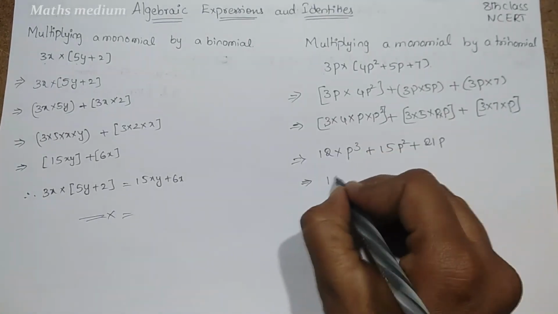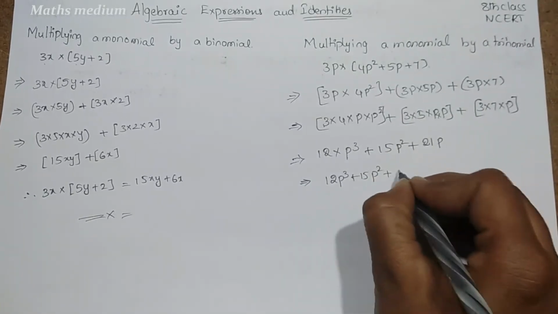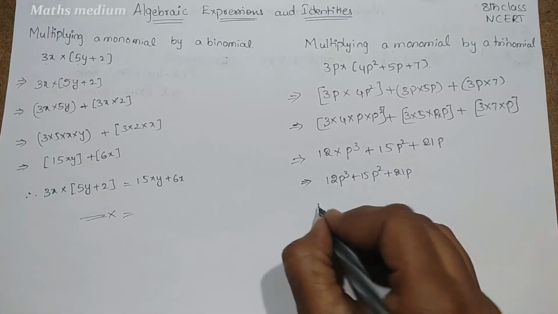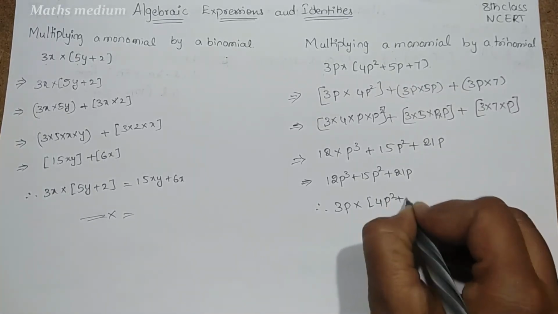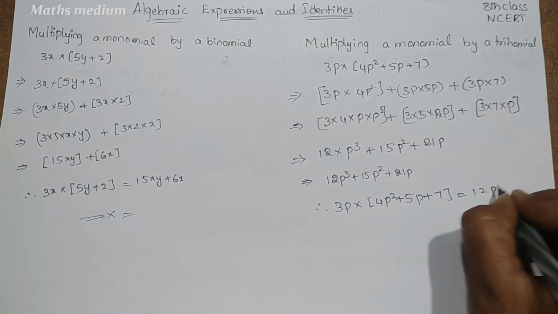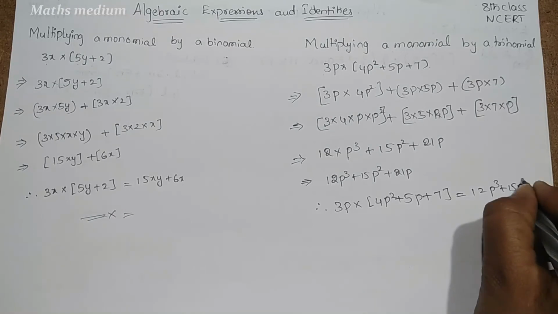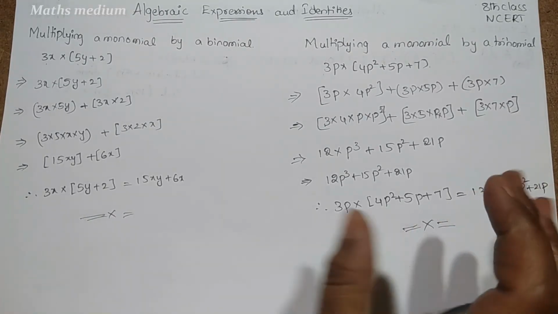Now 12p cube plus 15p square plus 21p. Therefore 3p into (4p square plus 5p plus 7) is equal to 12p cube plus 15p square plus 21p, which is the answer for this given expression.